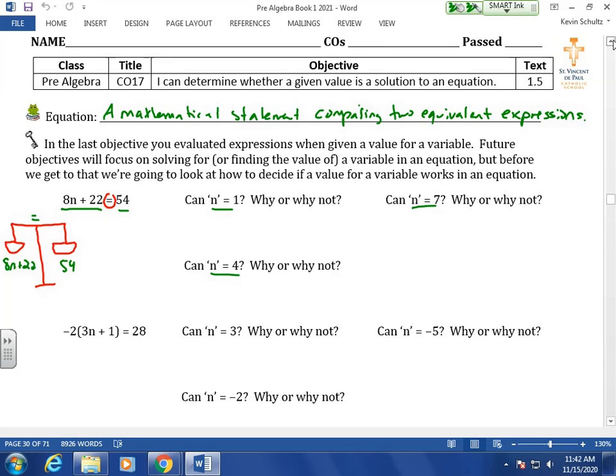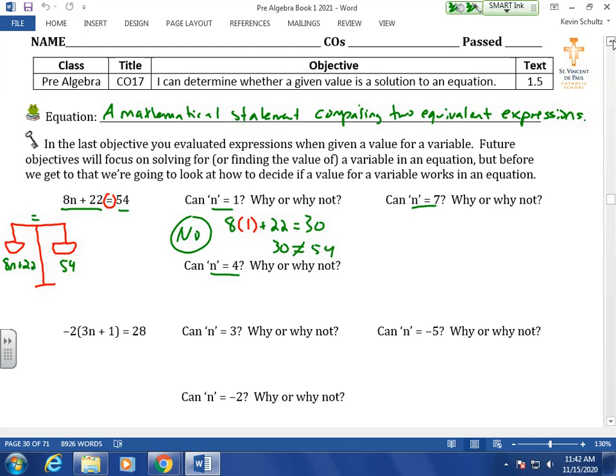Can n be 1? So we're going to take 8n plus 22 and replace n with 1. And 8 times 1 is 8, plus 22 is 30. 30 is not equal to 54, so n cannot be 1, because it doesn't work.